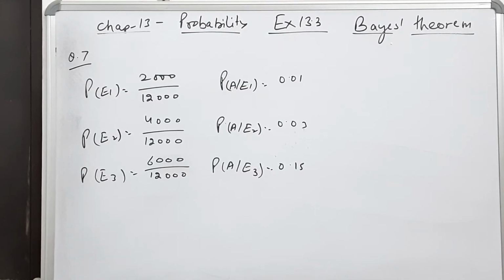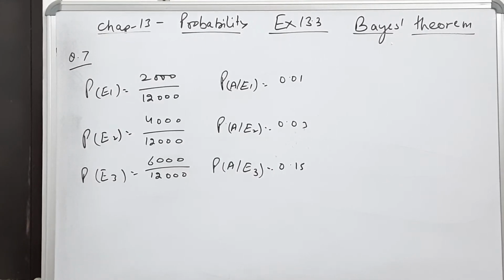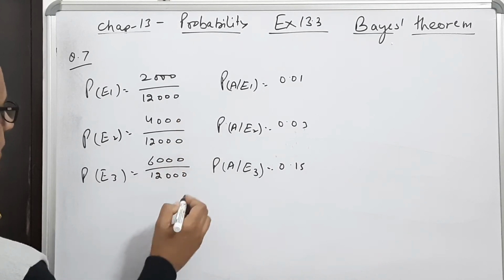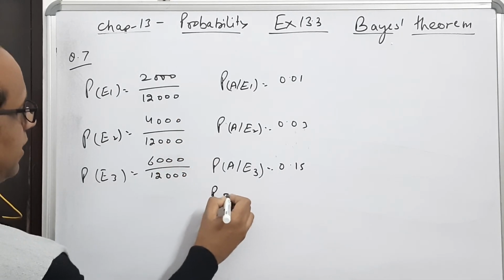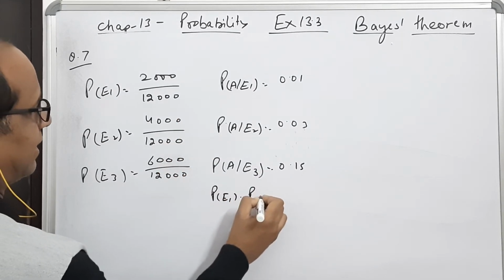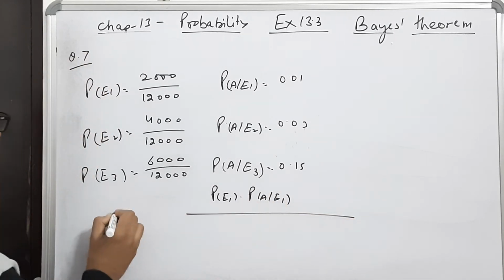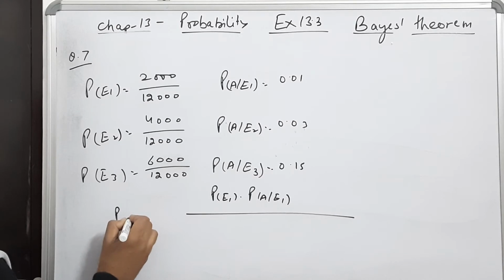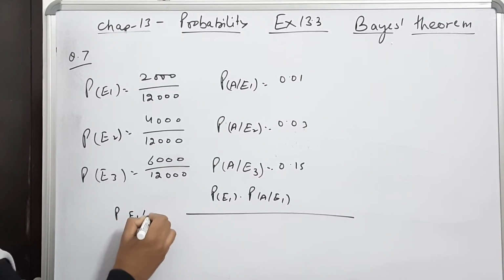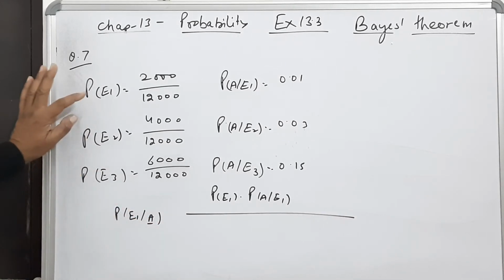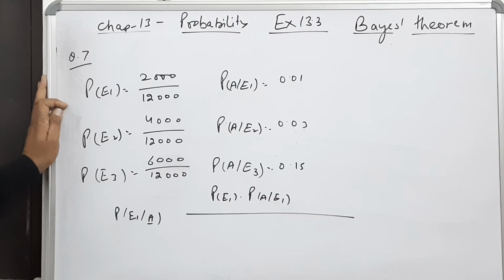So, by the concept of the probability, the first part will be at the top. That is P(E1) dot P(A|E1). It will be in the front. And it is P(E1|A). The accident has already occurred and we have to find out that it is done by the scooter driver.